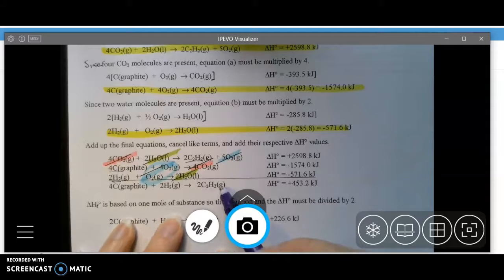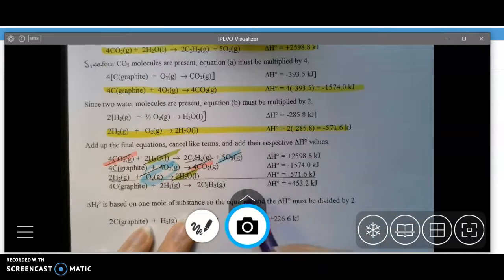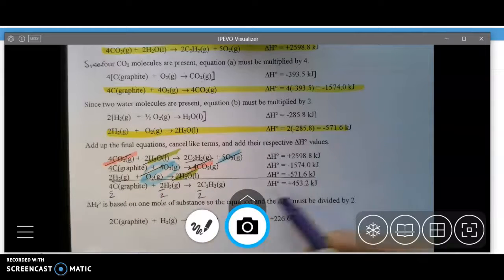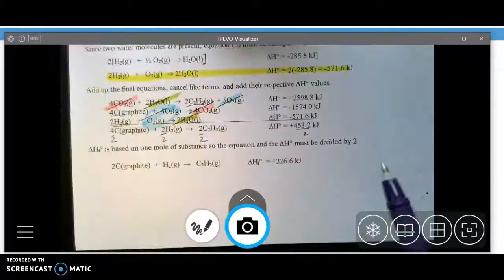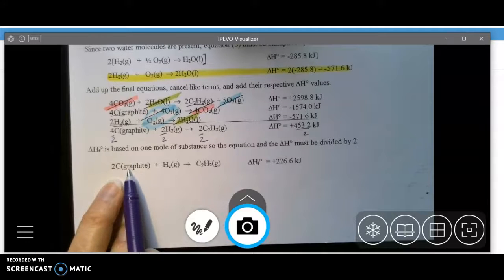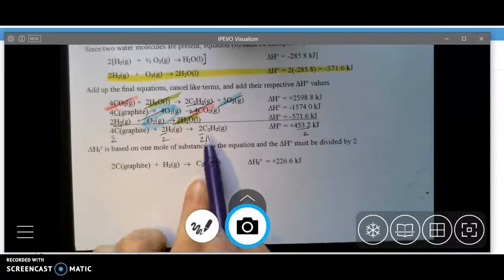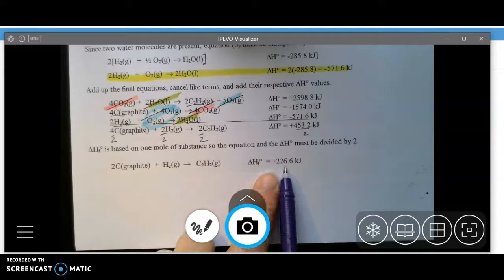Now, if you remember back, our target equation was just one of these, so I'm dividing both of these by 2, which means I have to divide this by 2, which gives me my final equation of 2 graphites, 2 hydrogen molecules, 1 acetylene molecule, which gives me a heat of formation of 226.6 kilojoules for that reaction. And that is Hess's law.